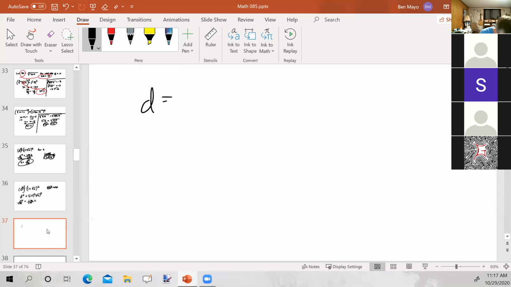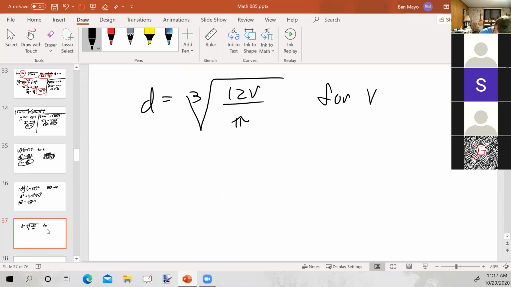All right. D equals the cube root of 12v over pi, and we're supposed to solve for v. Now, what are we going to do to both sides? We're back to Noah. Cube it. There you go.